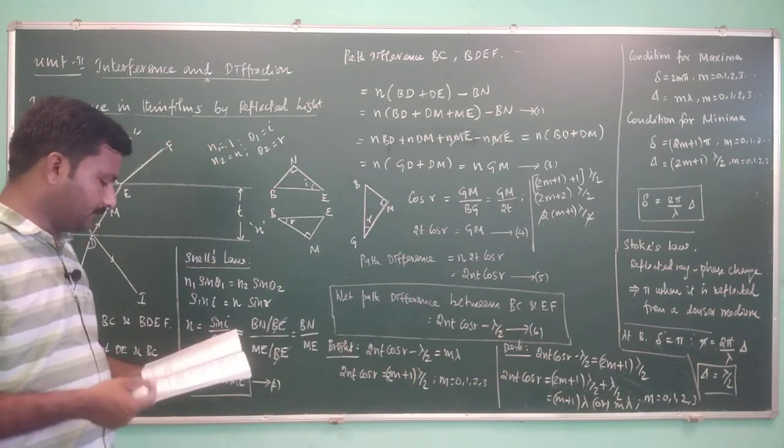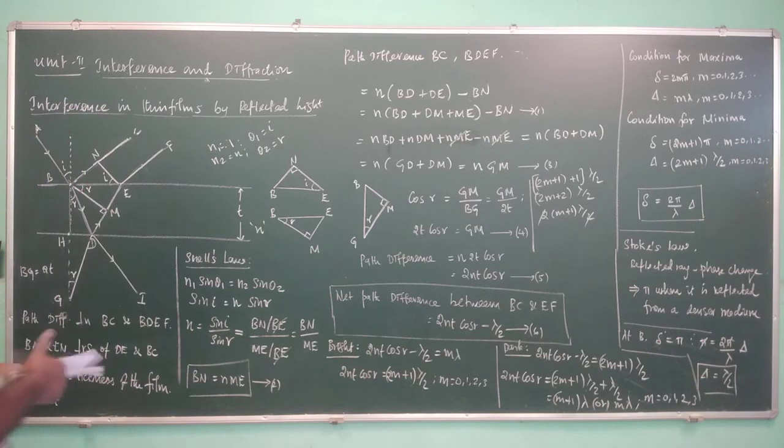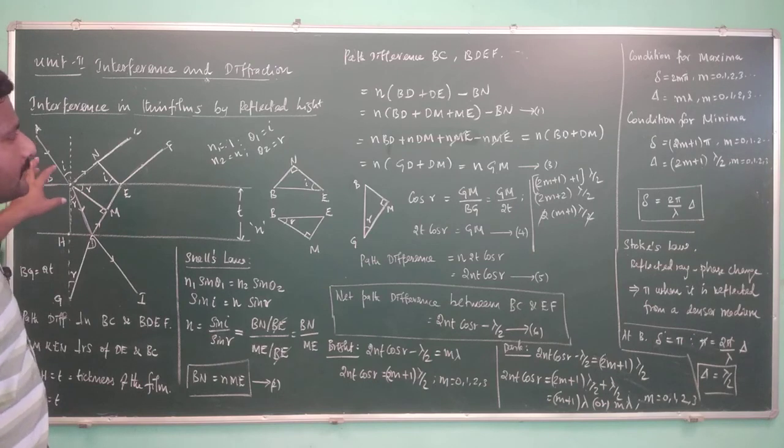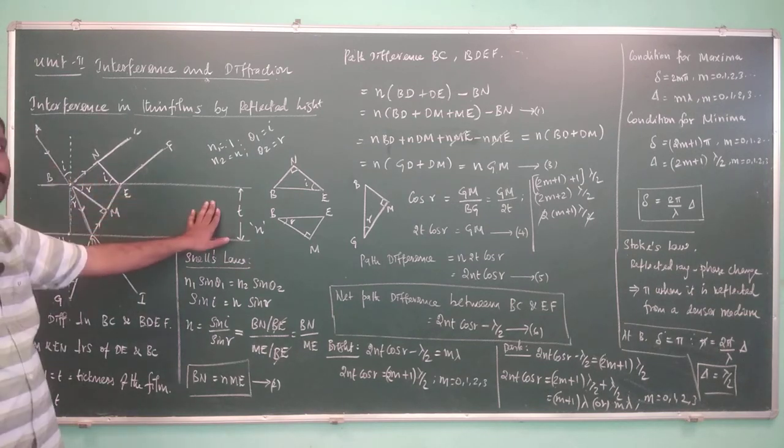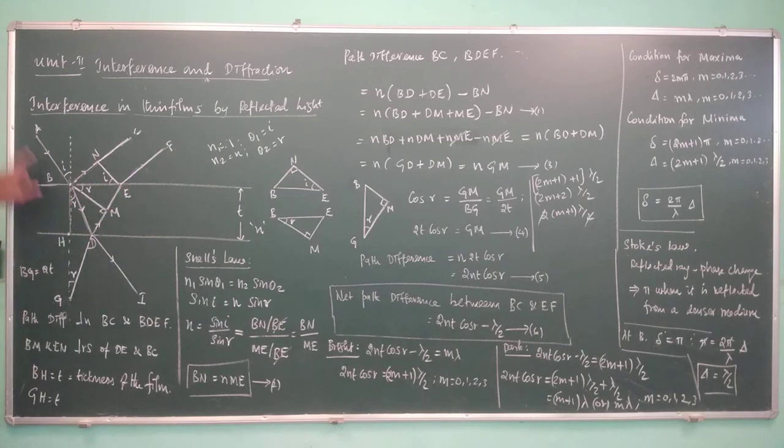Okay, fine. In this way we can understand the interference in thin films of thickness t, right? So in a nutshell, what we have done: we have considered a thin film of thickness t and an incoming light ray A which undergoes a reflection at point B and a refraction, and at the bottom surface it undergoes another reflection and refraction, right?